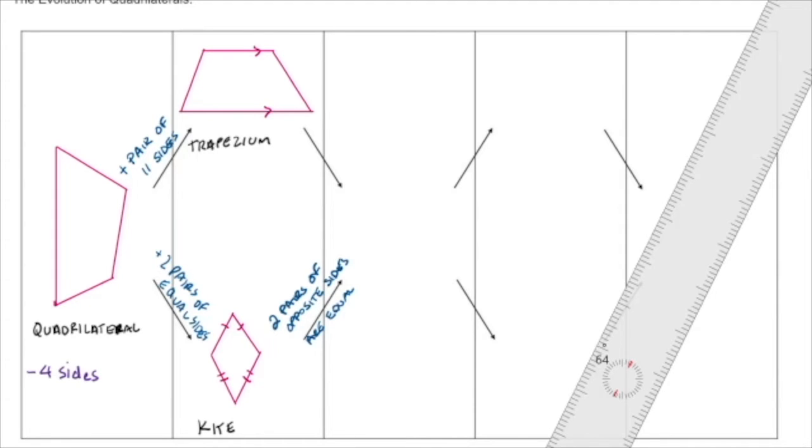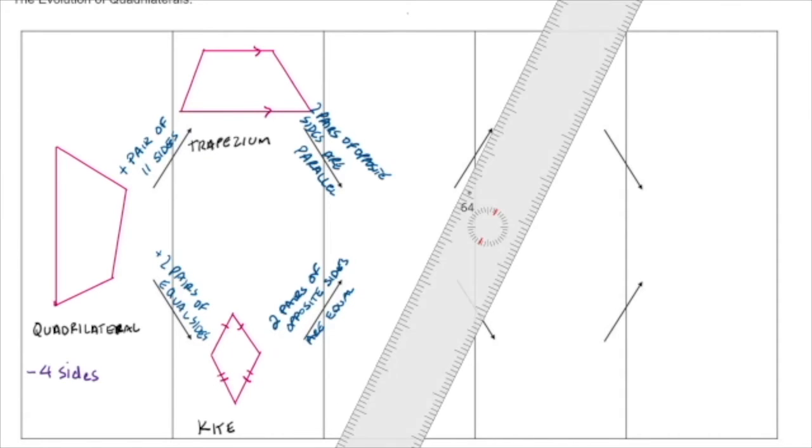And then over here, our 2 pairs of opposite sides are parallel. Let's squeeze that in. Okay, so the shape we're getting now is, you guessed it, a parallelogram. So let's whack a parallelogram in.